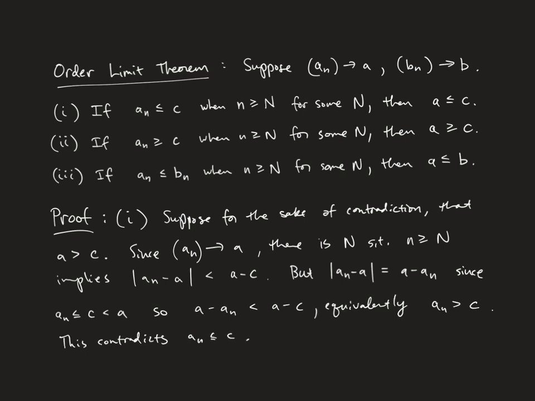I'm sorry, I just realized something. When we're using this a_n less than or equal to C, that only holds when n is sufficiently large, right? When n is bigger than or equal to that big N. I kind of messed this up. This N here would be N1, which is different from this N up here.